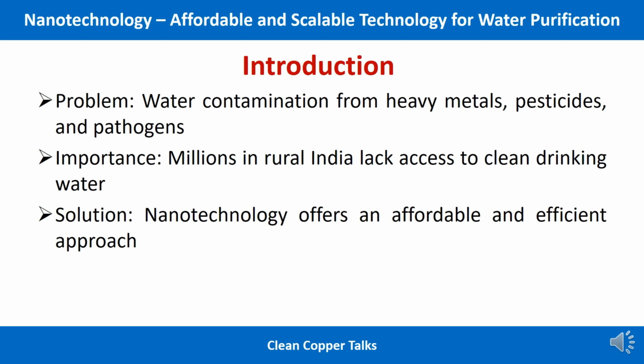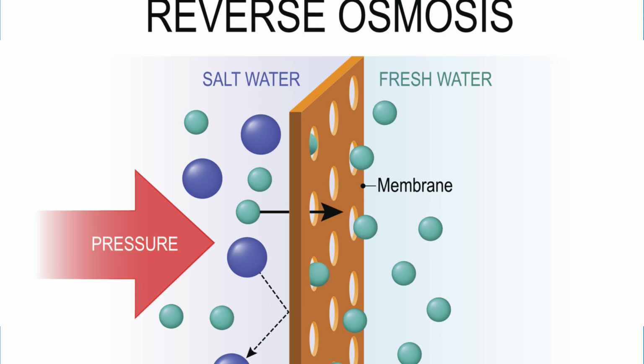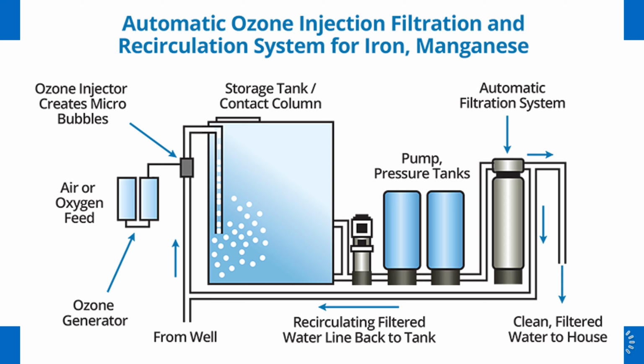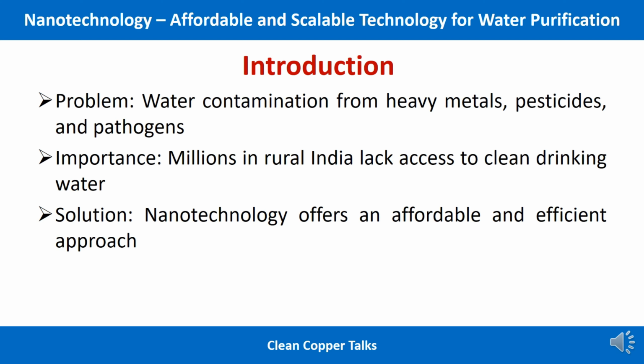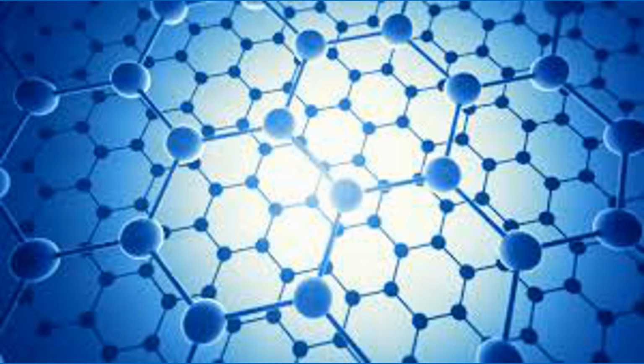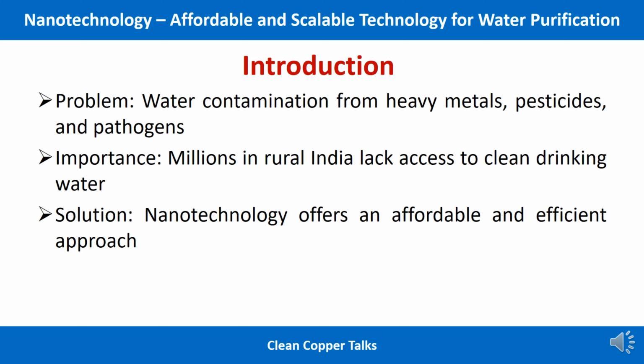There are different technologies which can be used to clean water, especially drinking water, and to remove the undesired contaminants from water, such as nanotechnology, reverse osmosis, filtration, ozonation, UV disinfection, and many more. Today, in this video, we will talk about nanotechnology, how this technology can be applied to treat or remove undesired contaminants from drinking water.